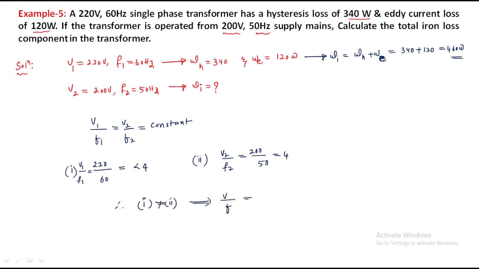V by F is not constant. So we have obtained that V by F is not constant, right? Therefore, B max is not constant. Obviously, this comes under the second case.